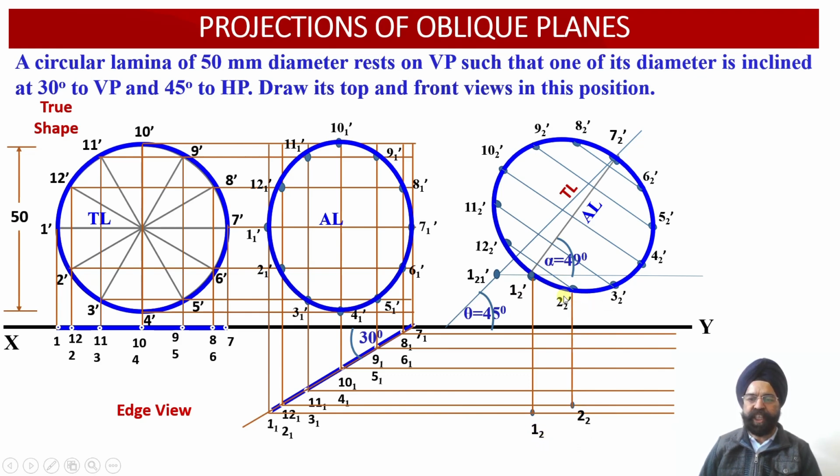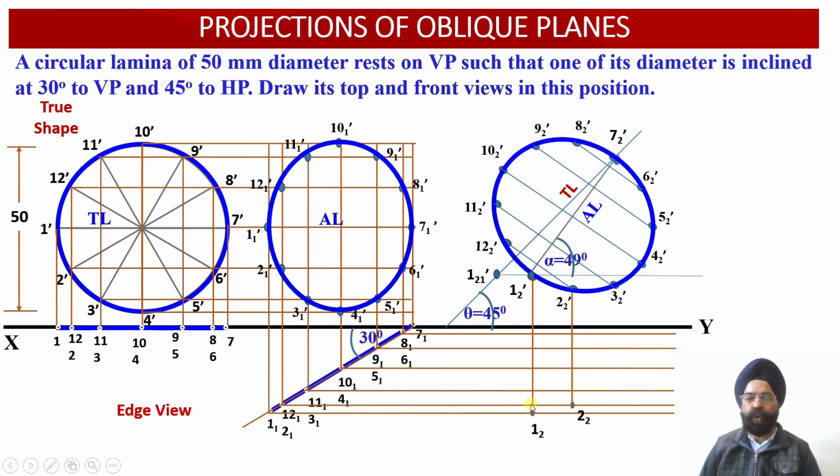Similarly, this is point 2 2 dash. So we draw a vertical projector. We are going to extend this projector till it intersects with the horizontal projector from 2 1 of the plan, drawn over here.